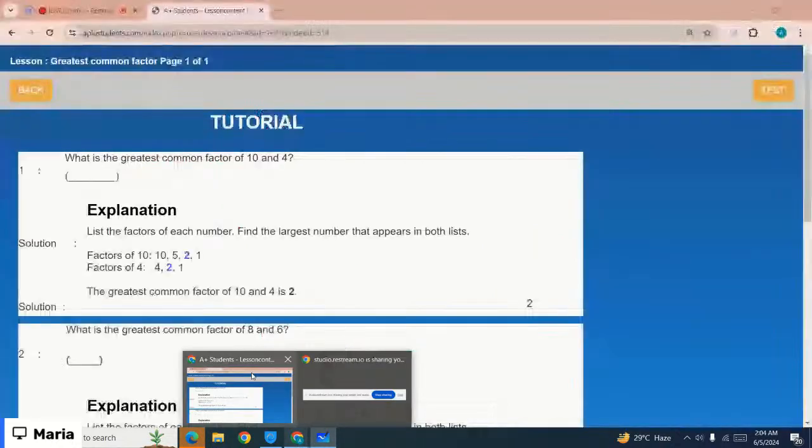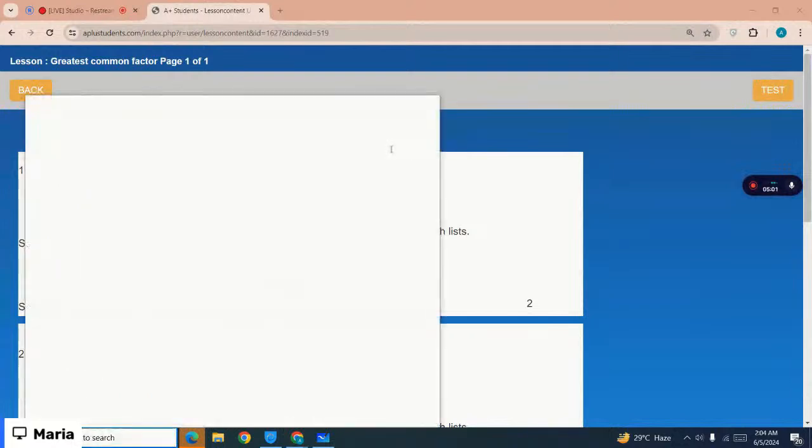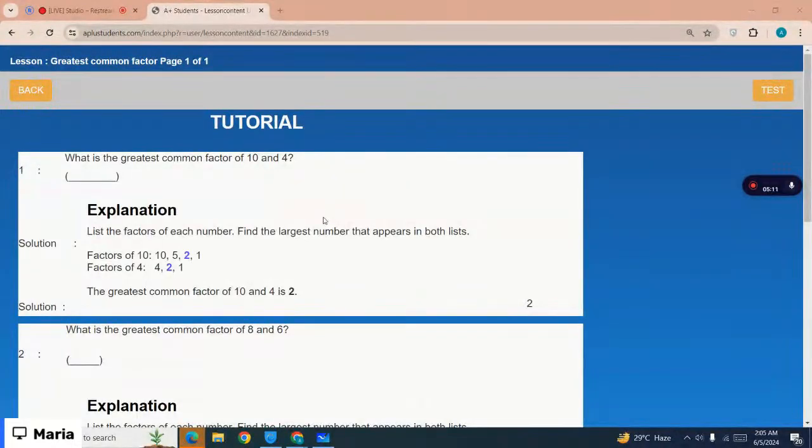So here we have to find the greatest common factor of two numbers. That means you need to write down the factors of both the numbers. Here you have the example: write the greatest common factor of 10 and 4.